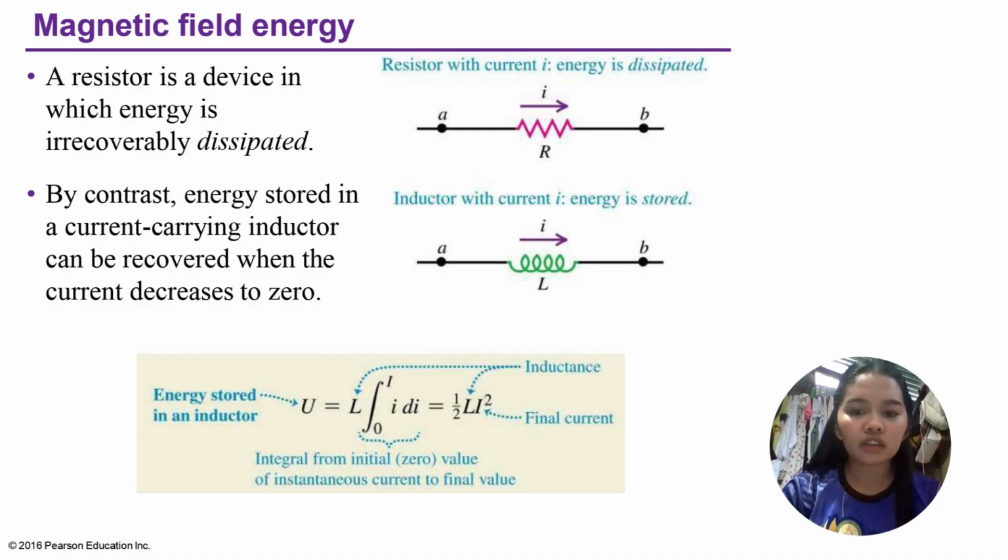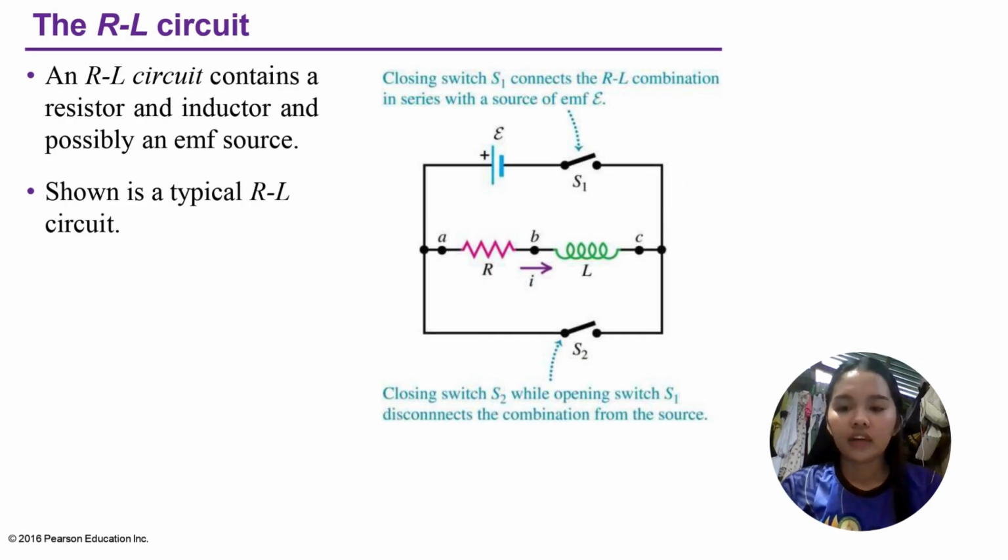U is equal to the integral of L, which represents the inductance, times the instantaneous current, from the initial value to the final value, which is equal to 1/2 times the inductance times the final current squared. So this stored energy can be released back into the circuit when the current decreases. It makes inductors useful for applications like power conditioning and energy storage.